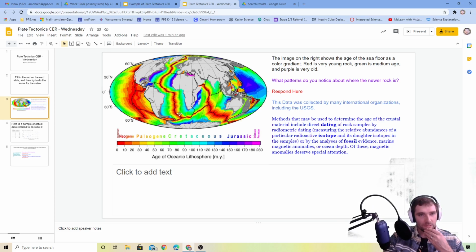So I'm going to be focusing mostly on this because it is so striking. You can very clearly see it there. You can also see it pretty clearly off the west coast of the United States, but it's very clear off the east coast of the United States and between Europe and Africa. So we're going to talk about that ridge.